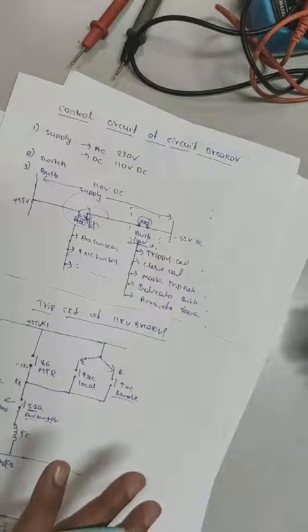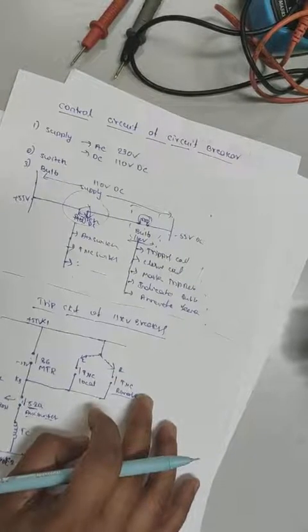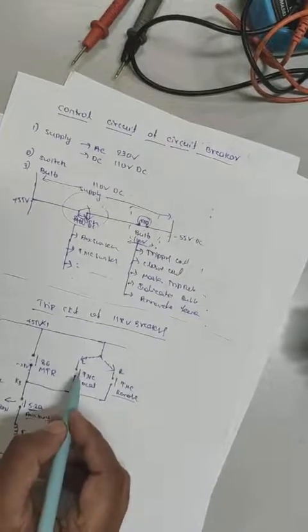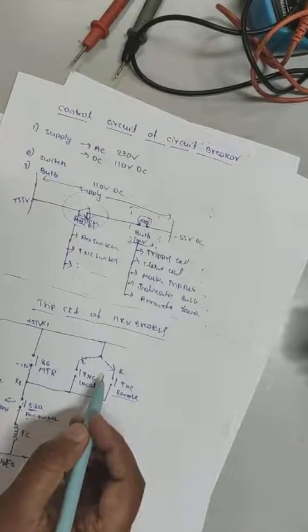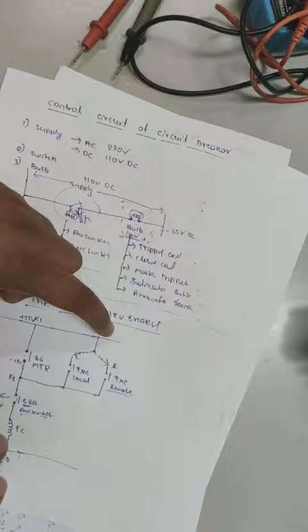There are only three controls. One is for protection purpose, another is local control and the third is remote control. Only via these does the tripping coil get current or voltage.